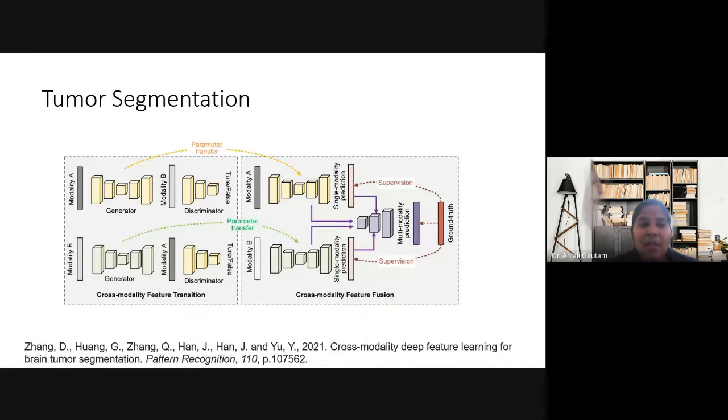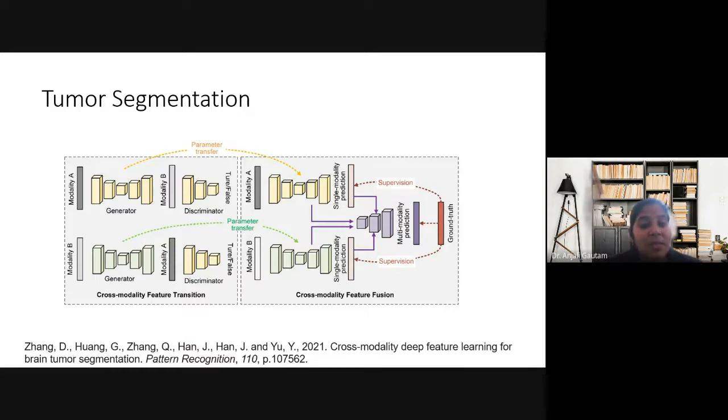So what they did, for example, there is a modality A. The generator will generate the modality B data. From CT image data they will try to generate the MRI data. So different modality data they generate, and the discriminator will tell whether the generated data is right or wrong.